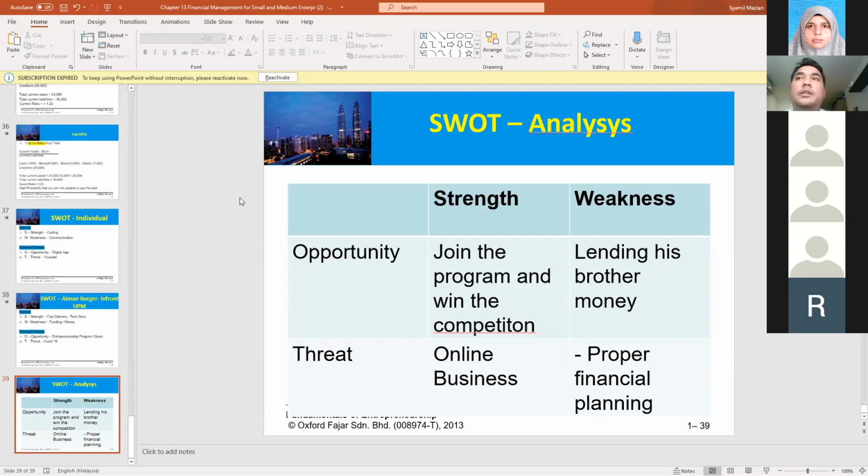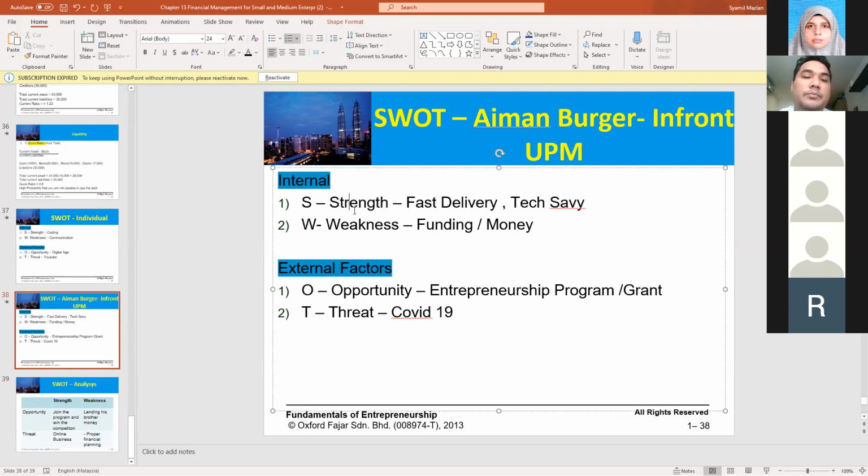Okay, so I think that in all your assignments you can use this kind of thing. For example, the strength: you are a young company and you are tech savvy because you are Gen Z or Gen Alpha, so your adaptation to technology is very high.